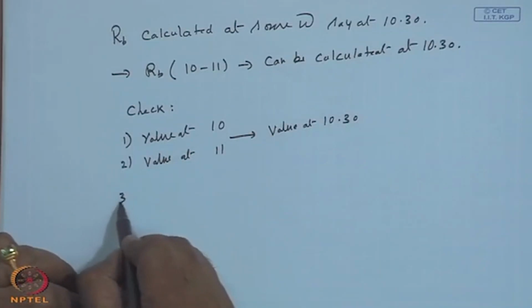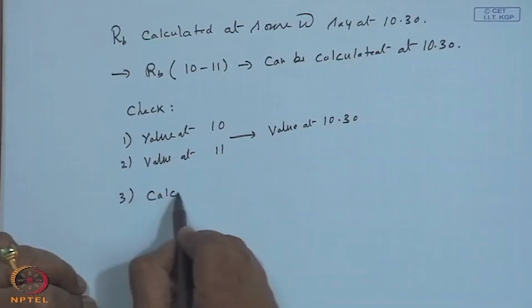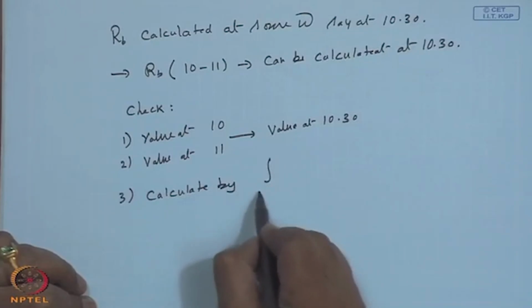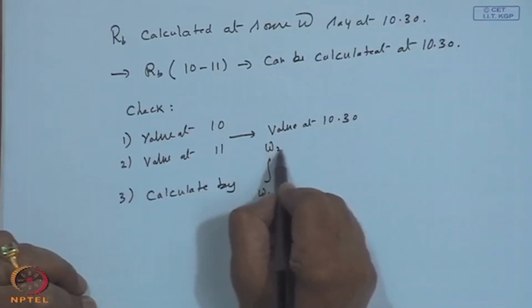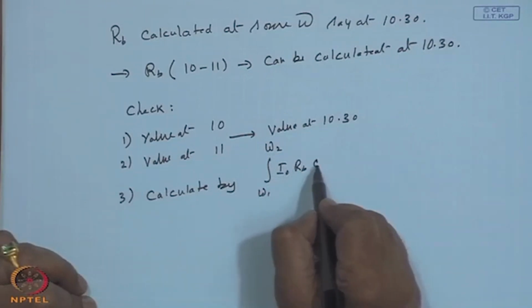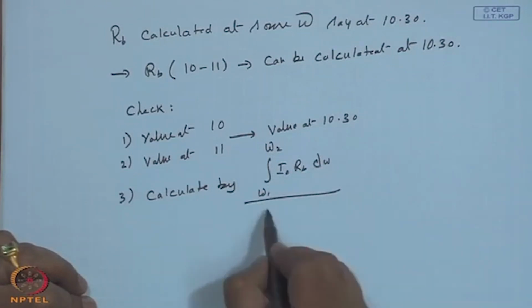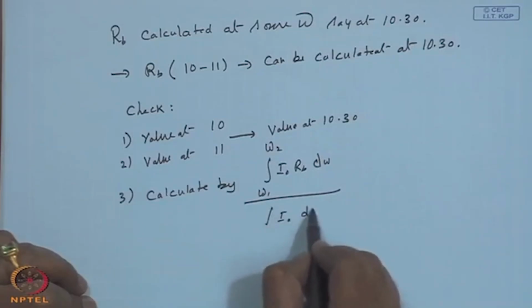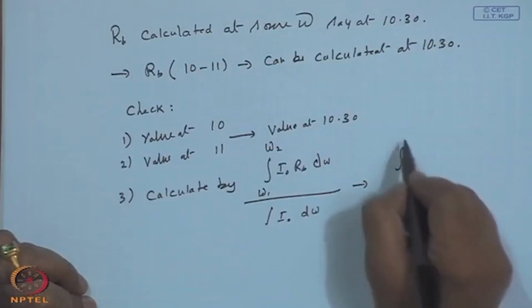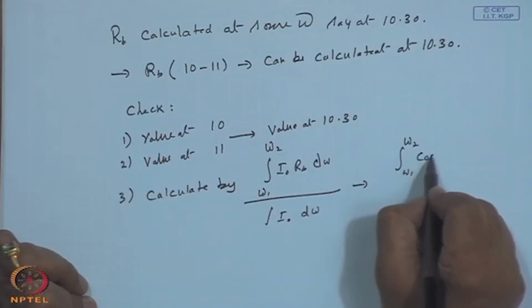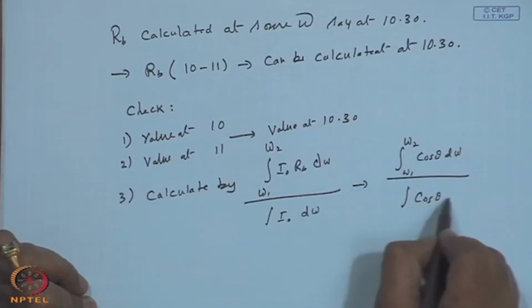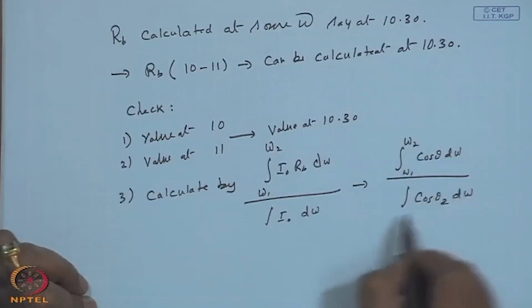The third thing that you can do is calculate by using the formula: integral omega 1 to omega 2 of I0 RB d omega by I0 d omega, which will ultimately turn out to be integral omega 1 to omega 2 of cos theta d omega by integral omega 1 to omega 2 of cos theta z d omega.